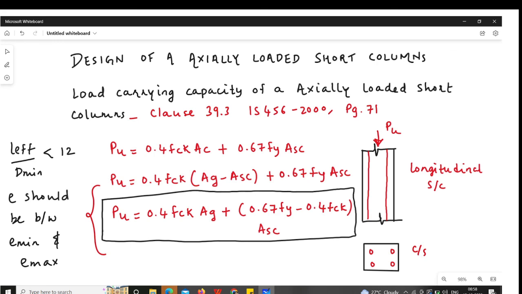E should be between E minimum and E maximum, we have seen that, and from that we can say that the least lateral dimension should be more than or equal to 400, and it should be more than 0.12 L. If the least lateral dimension is more than or equal to 400 mm, and if the least lateral dimension is more than 0.12 L, where L is unsupported length, we can say that the column is axially loaded column. Then we can use this formula.